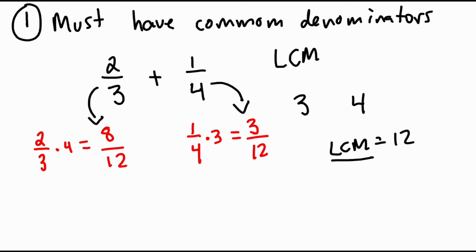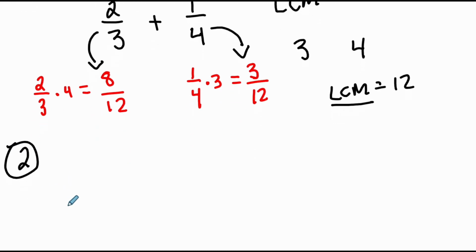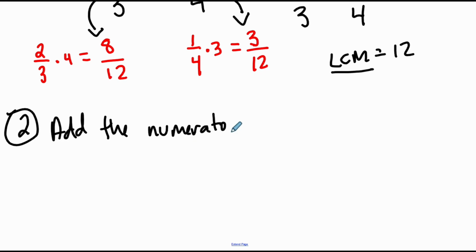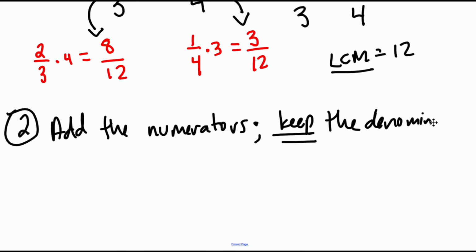Now, the rest of this is easy. I'll call it step 2, but really it's just the rest of the process. After you've got common denominators, we're going to add the numerators, or if you're subtracting, you would subtract the numbers on top, and you're going to keep the denominator. If I'm adding 8/12 and 3/12, I should still have an answer that equals something twelfths.